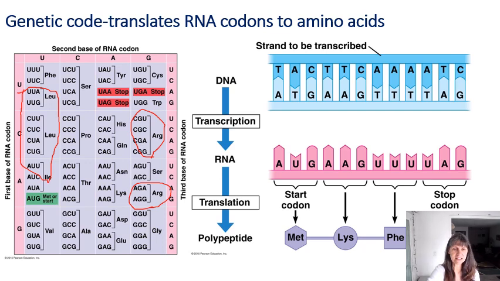Whenever we see the codon adenine, uracil, guanine, that is a specific codon for either the amino acid methionine, or it can be used as a start codon. And there are 3 different codons that will stop the process of protein synthesis, including uracil adenine adenine, uracil adenine guanine, and uracil guanine adenine.